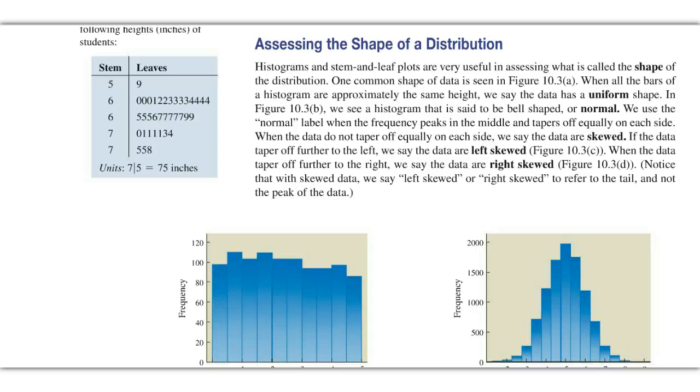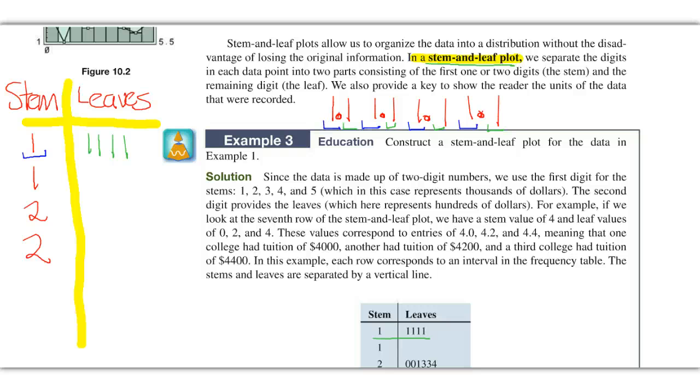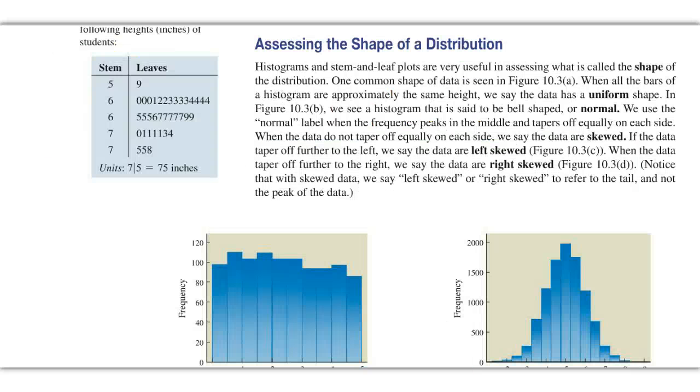All right, this next part is mostly vocabulary and recognizing things. So, for instance, once you do get a histogram, what is its overall shape? Well, if you see something like this, this is what we call uniform shape, where the columns more or less are about the same.